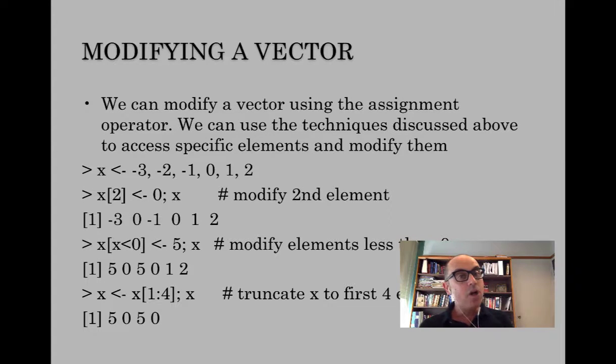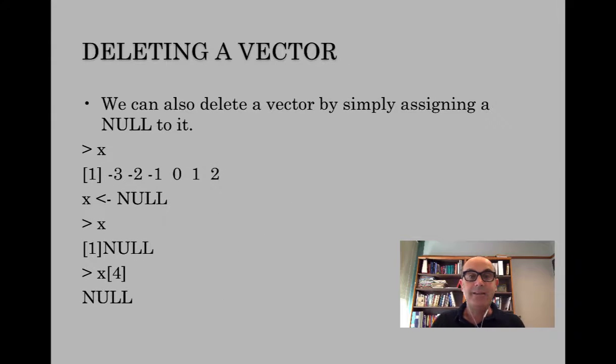We can also modify the vector using the assignment operator. See the example where I modified the values of x smaller than 0 to 4, in order to modify the vector values. We can also delete a vector by simply assigning NULL to it.